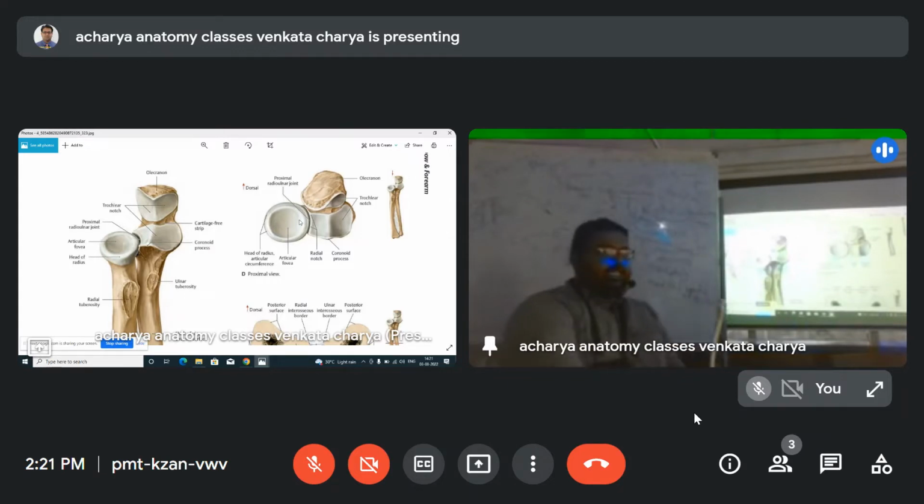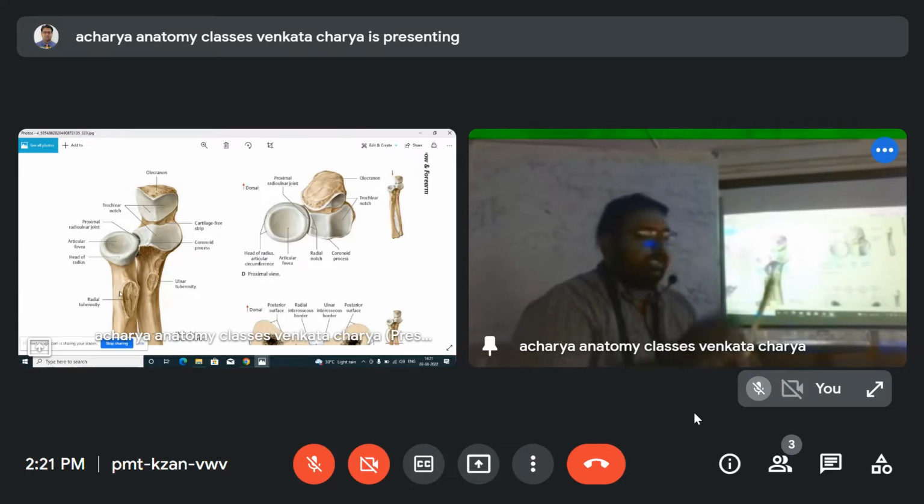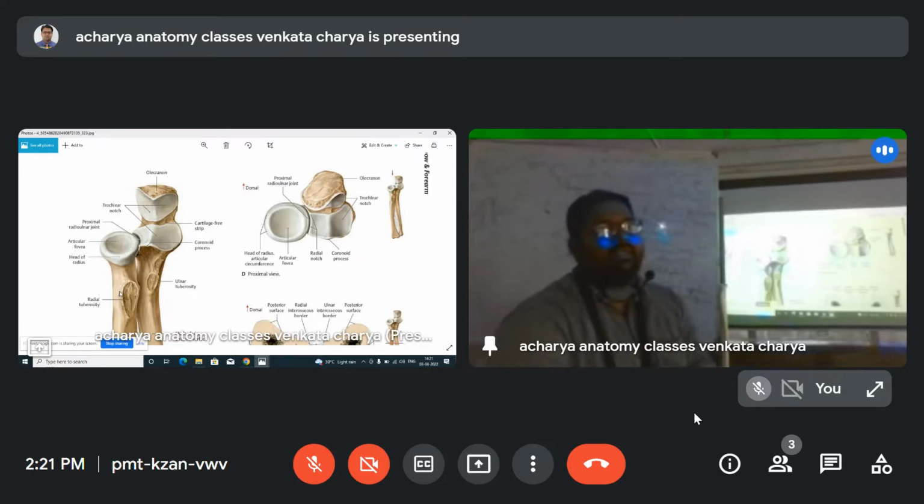Radial tuberosity. See here, this one is the radial tuberosity. Radial tuberosity faces medially.